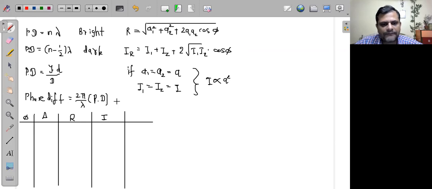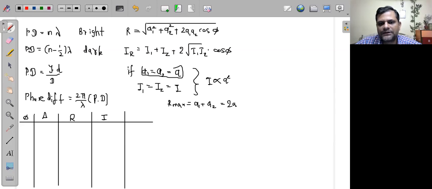So in this case, I max and I min can also be found out. If you try to find out R max, then R max is simply equal to A1 plus A2, which is equal to 2A in case when the amplitudes are equal.